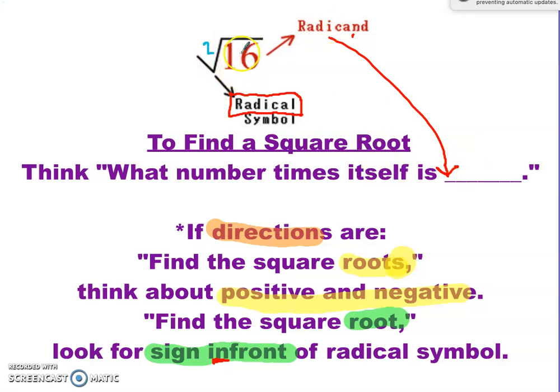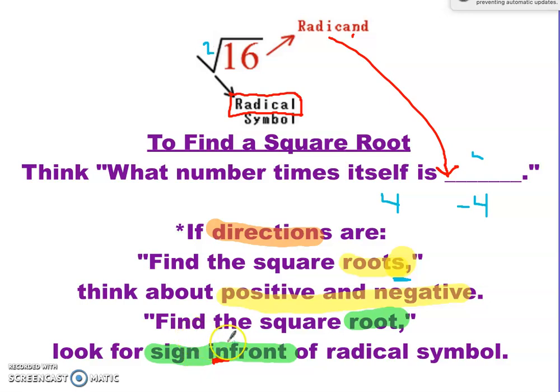So whatever that number is inside here. What number times itself will get me 16? Well, 4. 4 multiplied by itself will get me 16, and negative 4. Very important to remember that negative 4 also is a square root of 16. So if directions are find the square roots, with an S on that, you have to think that they're going to be both positive and negative.